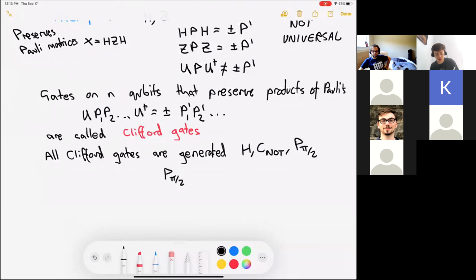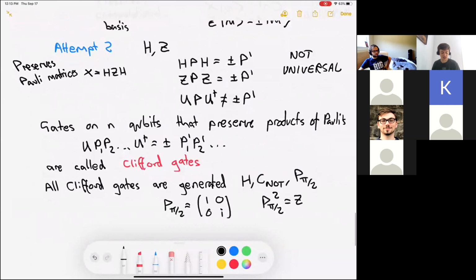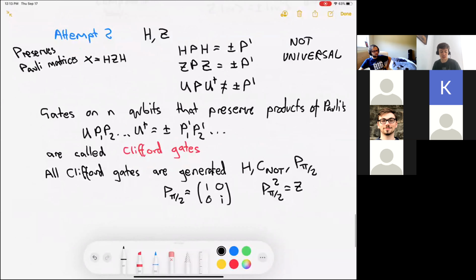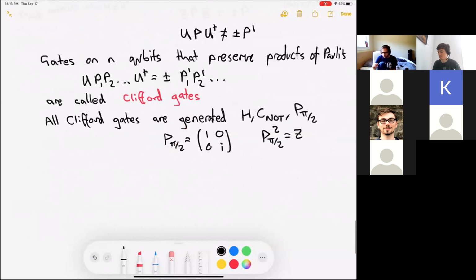I'm sticking with the book's notation. And this is just equal to the matrix 1, 0, 0, i. In other words, we have P pi by 2 squared is equal to Z. Okay, so it's a slightly larger group than we had in our attempt 2, where we used the Hadamard, the Z, and the CNOT gate. But you can replace the Z with this P pi by 2, and it still has this property.